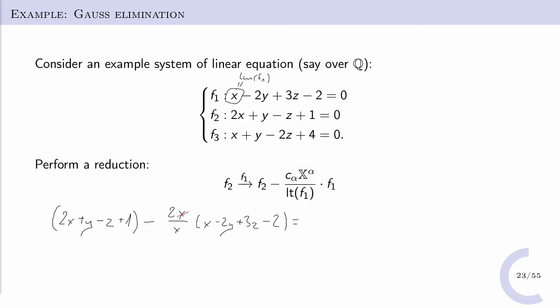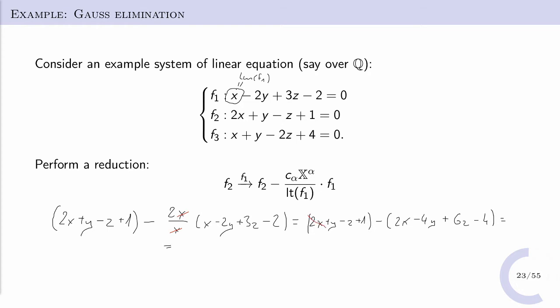So what we get is 2x plus y minus z plus 1 minus 2x minus 4y plus 6z minus 4, and 2x minus 2x will cancel.